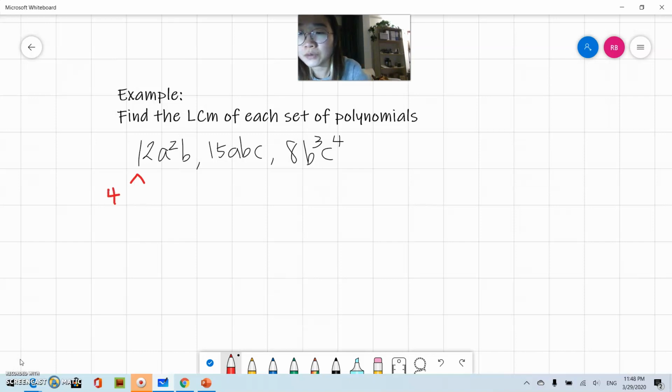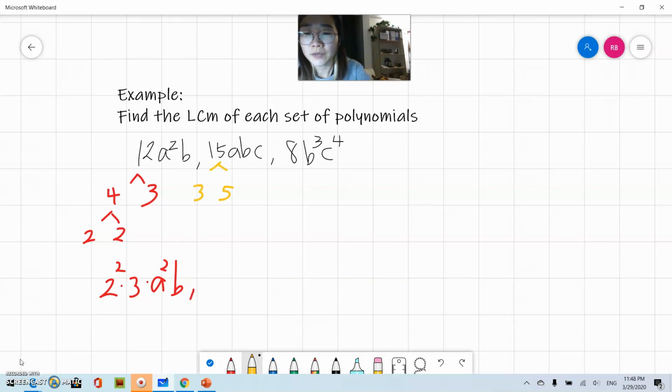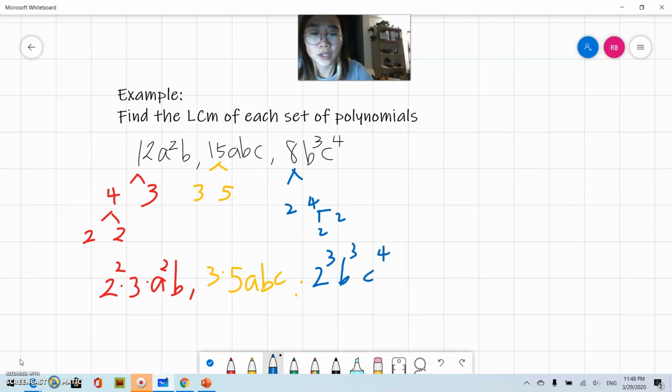So again, 12 is 2 squared times 3, a squared b. That's the first one. 15 is just 3 times 5, so 3 times 5, a, b, c. And lastly, 8 is 2 cubed, right? So it's 2 cubed, b cubed, c to the 4th.